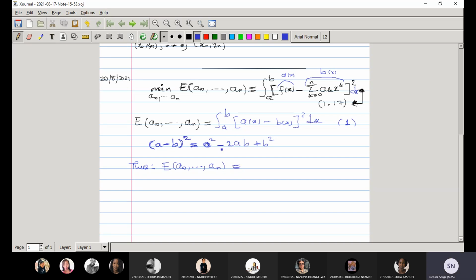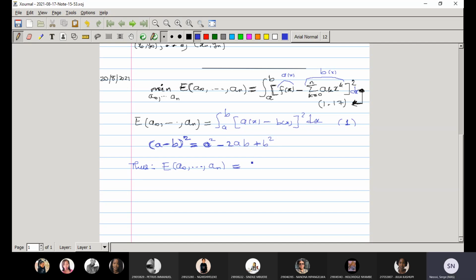I just expand this so I can read it directly and substitute the values. I expand and integrate at the same time, because remember, the integral is linear. So it will be the integral of this, minus 2 times the integral of that, plus the integral of this. So I have three integrals.